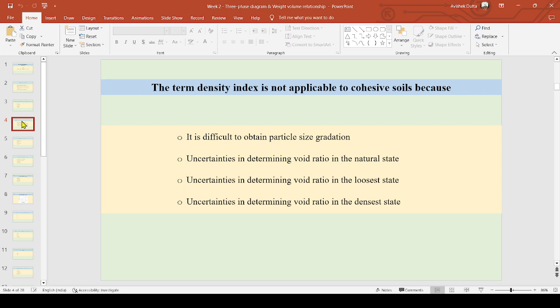Option 2, uncertainties in determining void ratio in the natural state. Option 3, uncertainties in determining void ratio in the loosest state. Option 4, uncertainties in determining void ratio in the densest state.